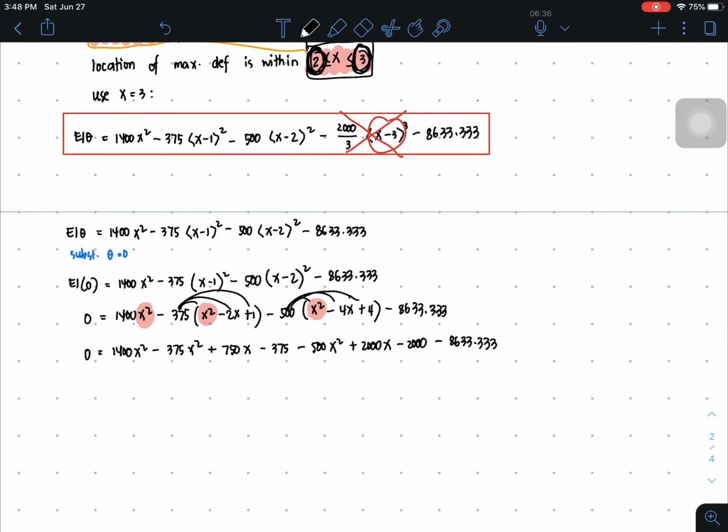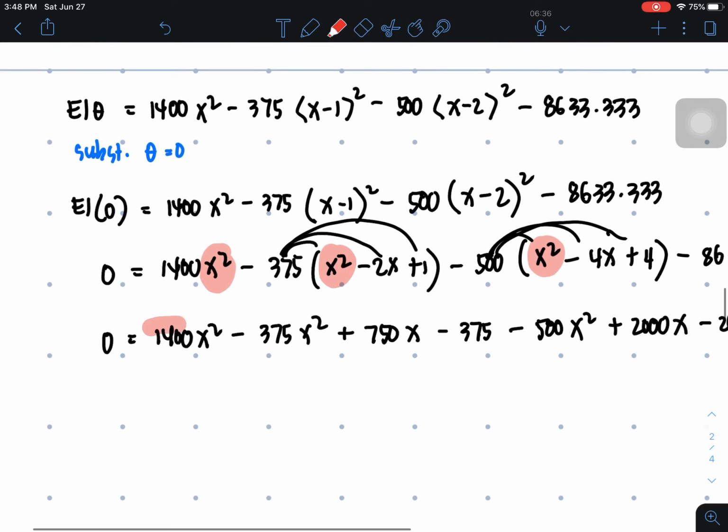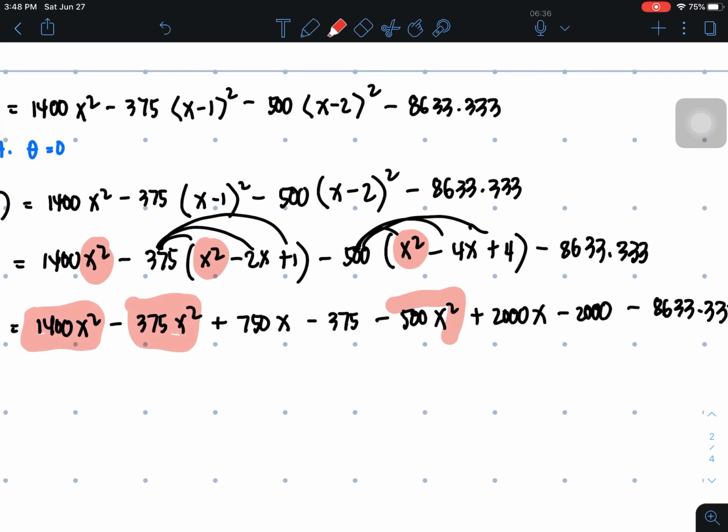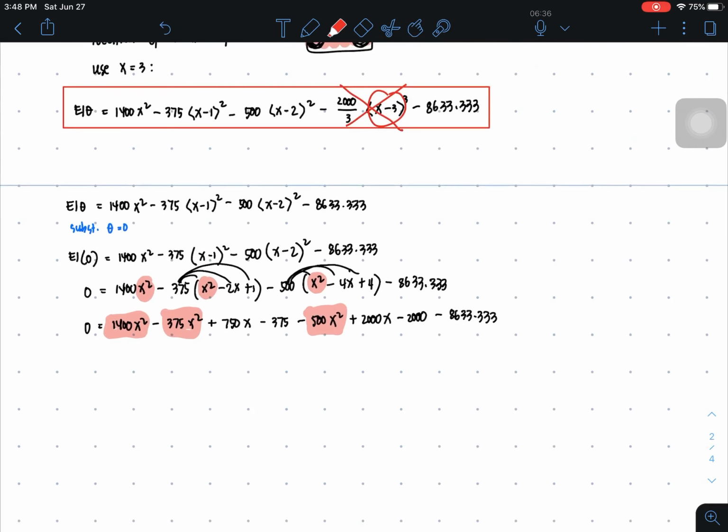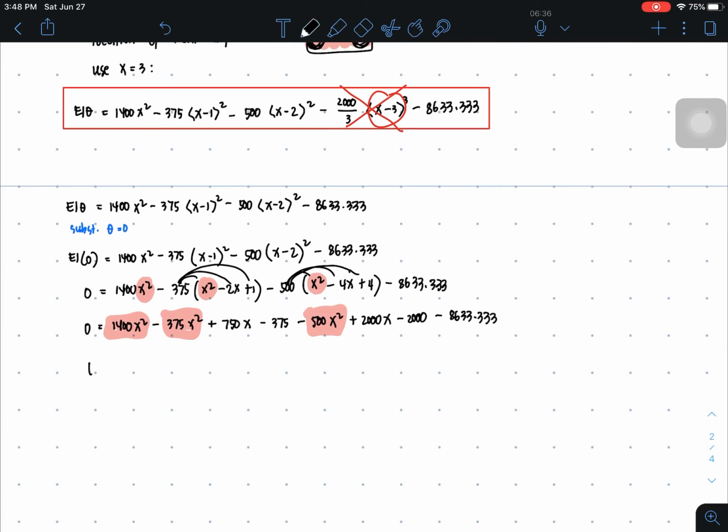Okay, so we're now ready to collect like terms. Let's collect the x squared terms. So let's write it: this is 0 equal to 1,400 minus 375 minus 500, so that's 525 x squared.